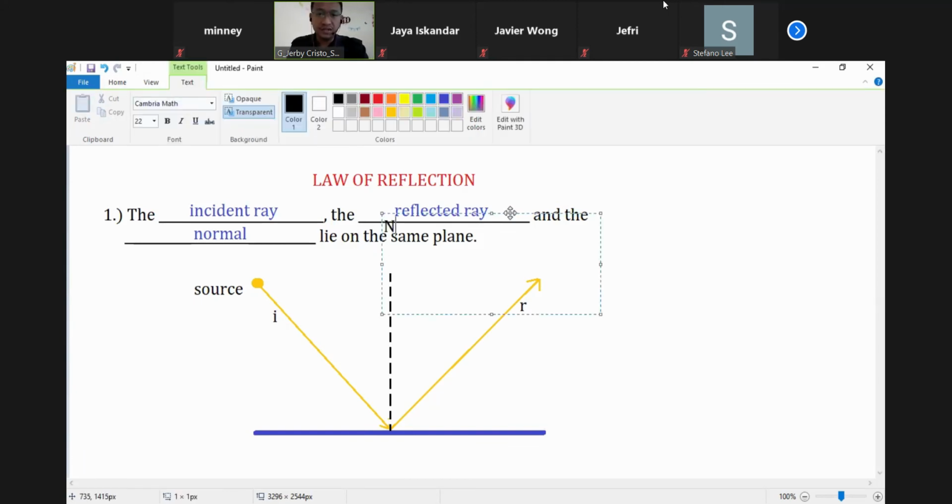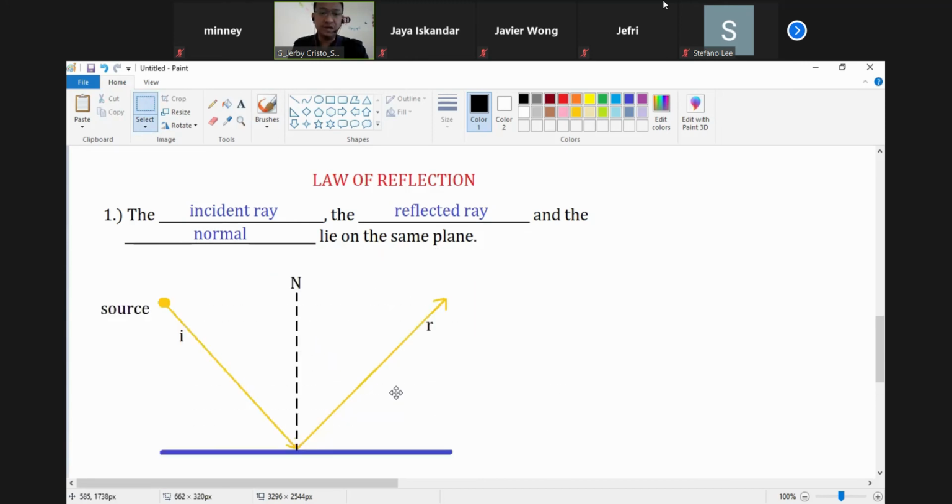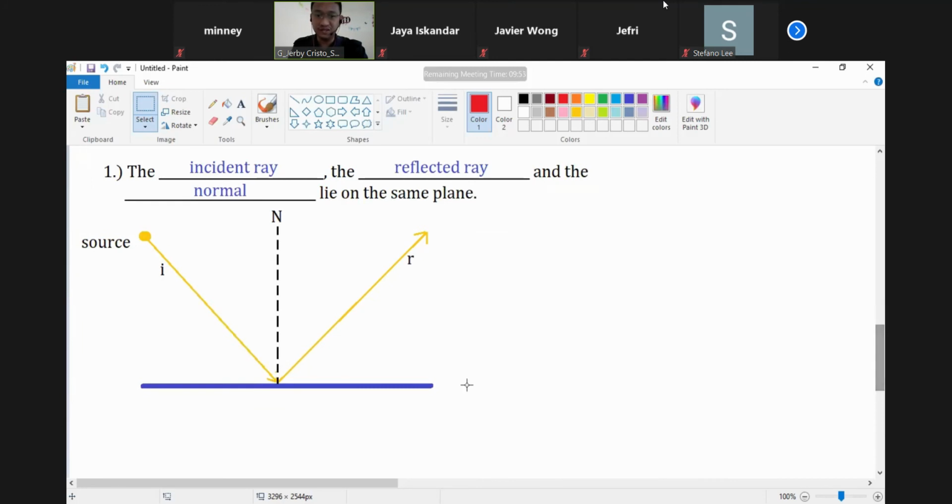All right, now let's go back to the law. It says here that the incident ray, the reflected ray, and the normal lie on the same plane. Like in this case, our plane is a mirror. Now, in this law, it's impossible that you have two different planes or surfaces.